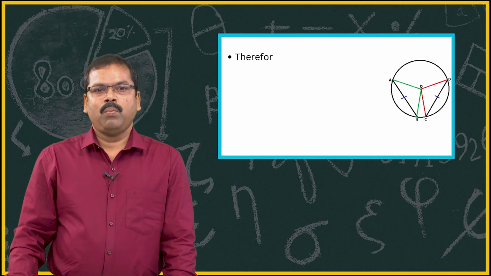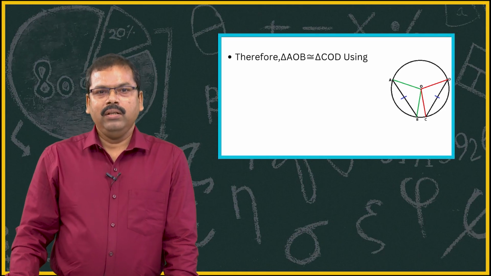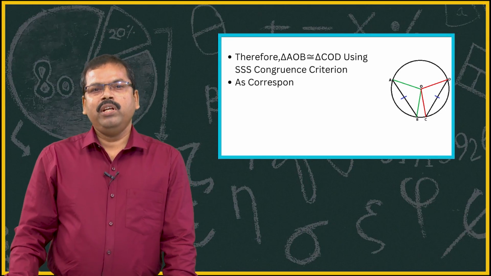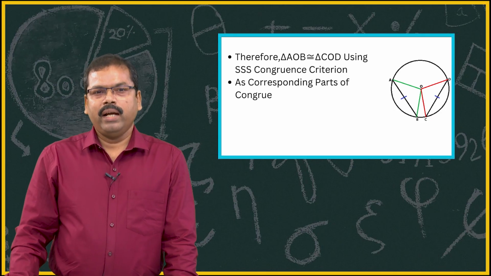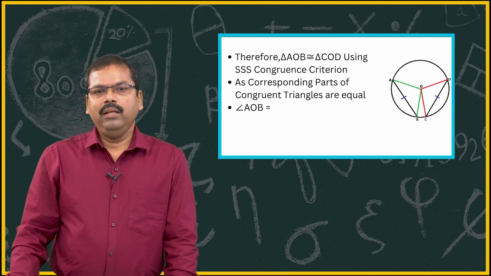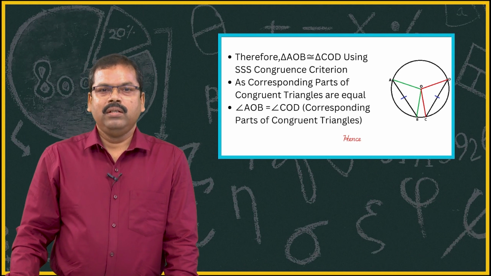So students, triangle AOB congruent to triangle COD using SSS congruence criterion. As corresponding parts of congruent triangles are equal, angle AOB equal to angle COD. Why? Because corresponding parts of congruent triangles are equal, and hence it is proved.